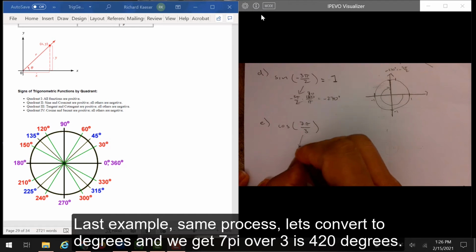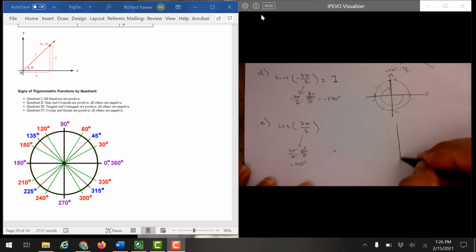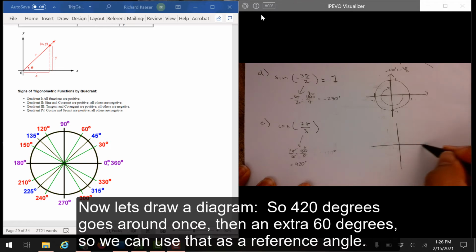Last example, same process. Let's convert to degrees, and we get 7 pi over 3 is 420 degrees. Now let's draw a diagram.